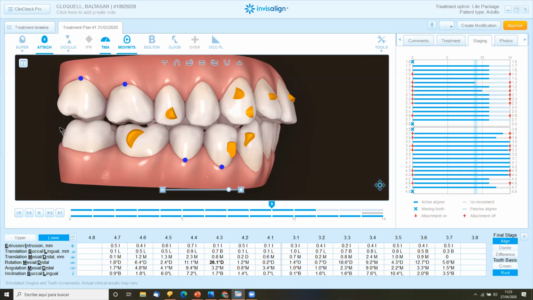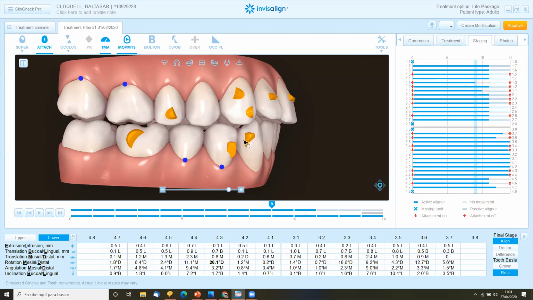Then let's establish not that difficult goals, please. So staging, we see the staging here in a static view. Attachments at first stage, like we always do in short treatments, I mean express and light versions of the product, and no IPR planned in this one.